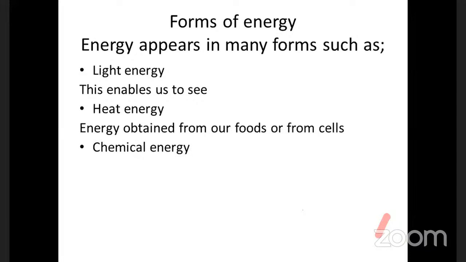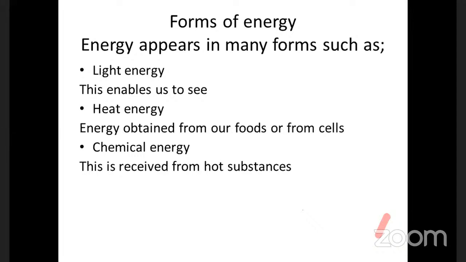What about chemical energy? We have this chemical energy that we receive from the food substances that we eat, or from the chemical cells. We obtain this chemical energy from the foods that we eat or from the cells, and then they are used to generate energy.